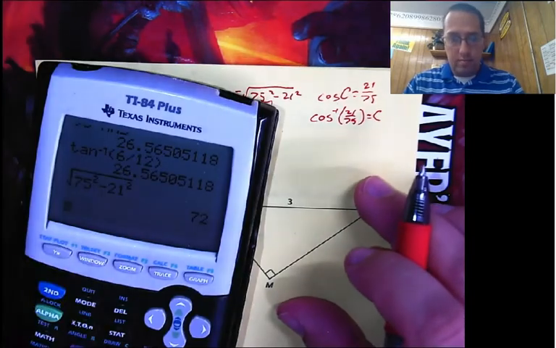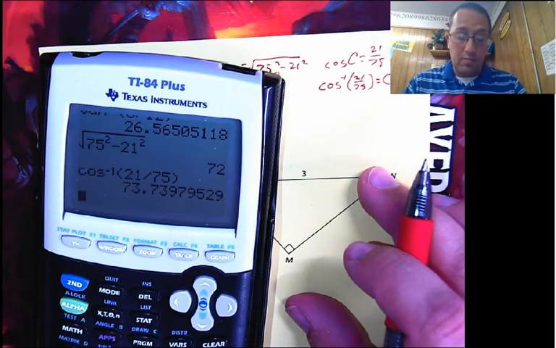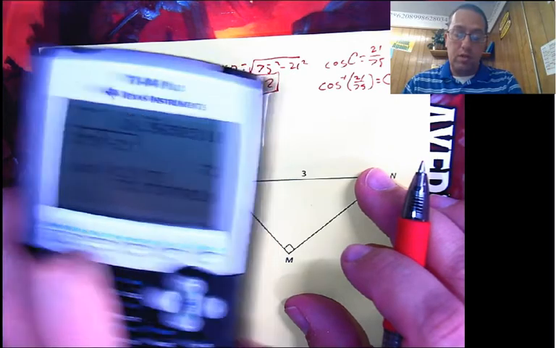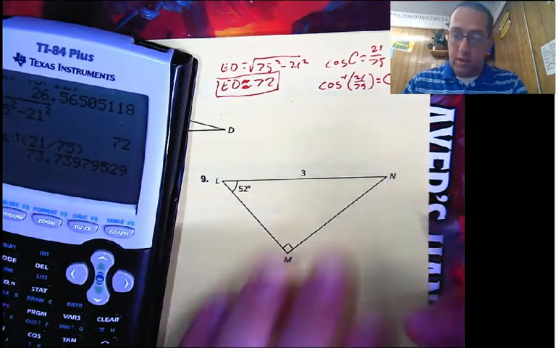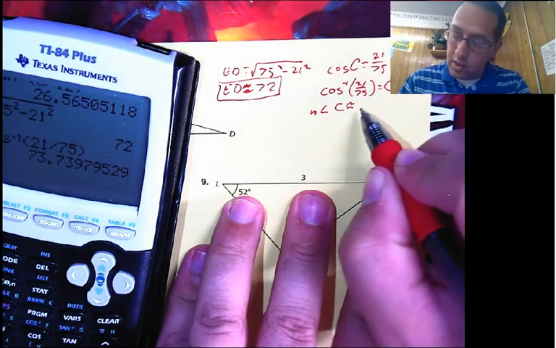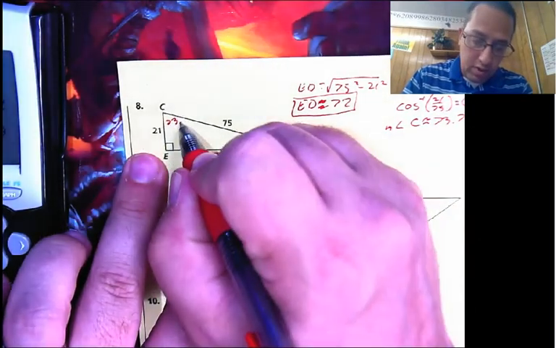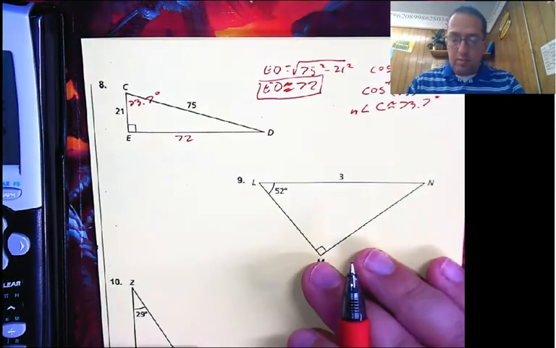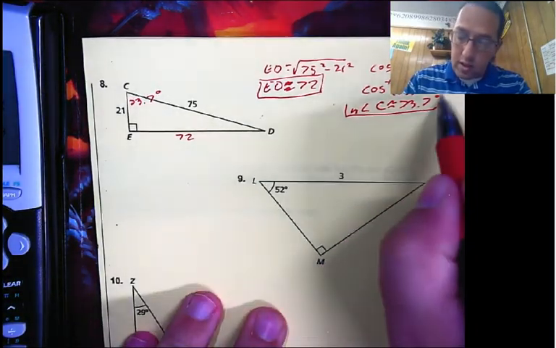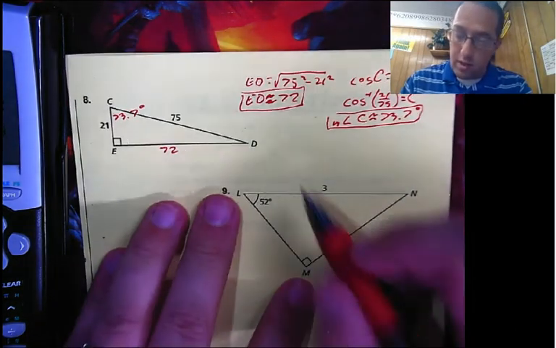So let's see what that is. Inverse cosine of 21 divided by 75 is approximately 73.73, so to the nearest tenth, 73.7. So the measure of angle C is approximately 73.7 degrees. So I'm going to go and write that here, 73.7 degrees. And to get angle D, we're just going to take this and subtract it from 90.